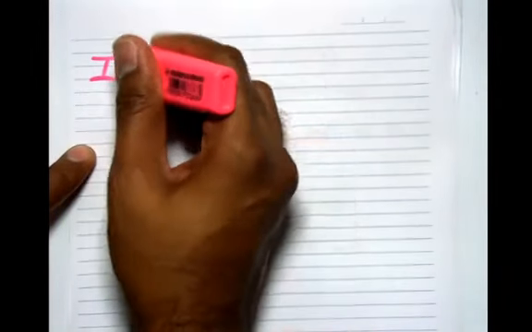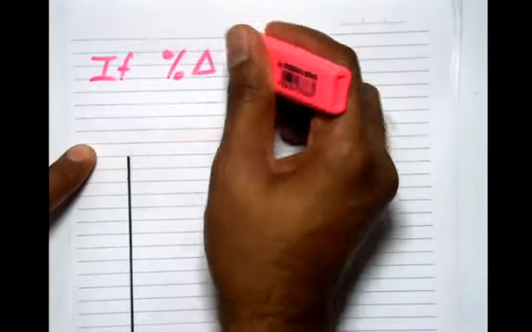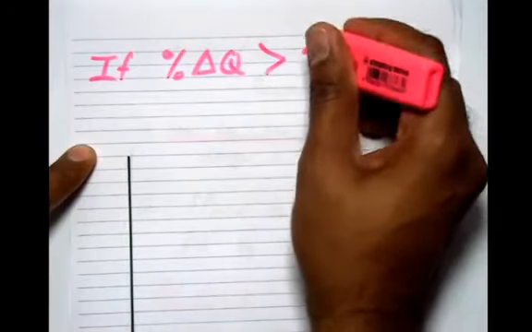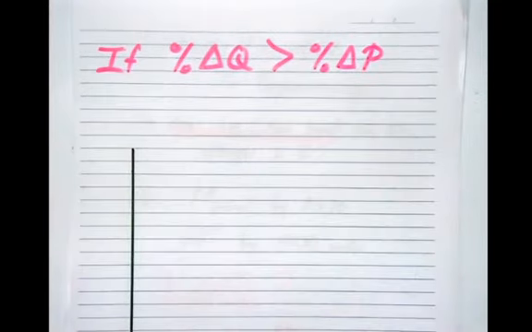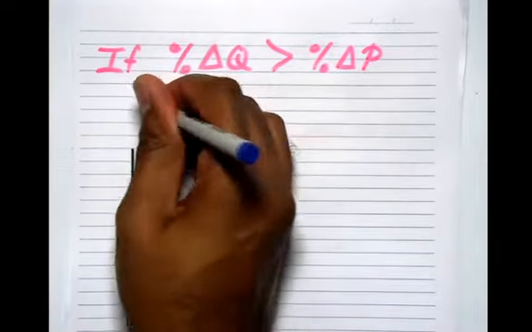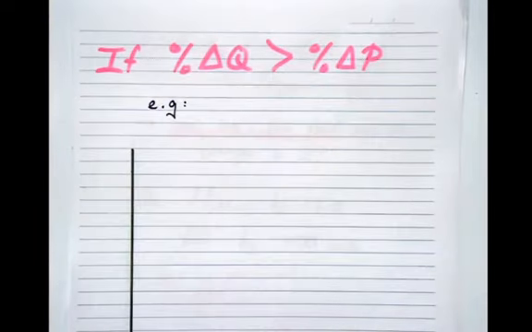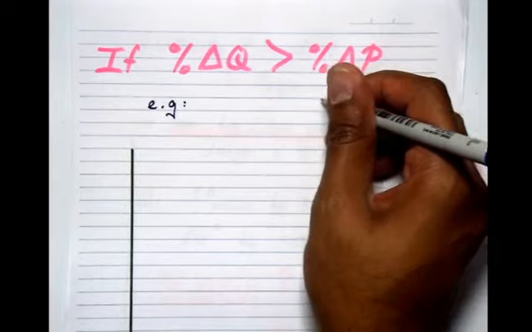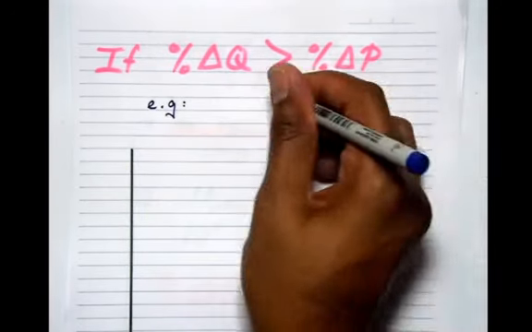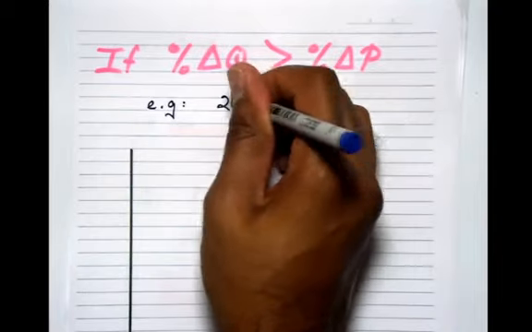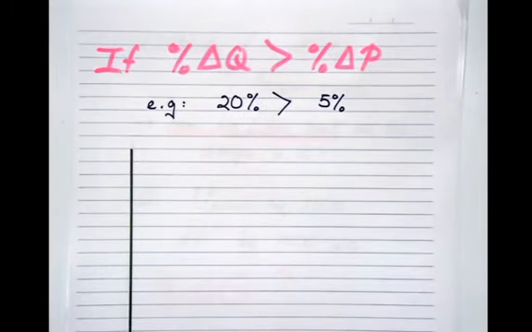So, which one is sensitive and which ones are not sensitive? If the percentage change in quantity is larger than the percentage change in price, so for example, let's say Woolworths has a 5% off everything sale and their quantity changes by 20%.